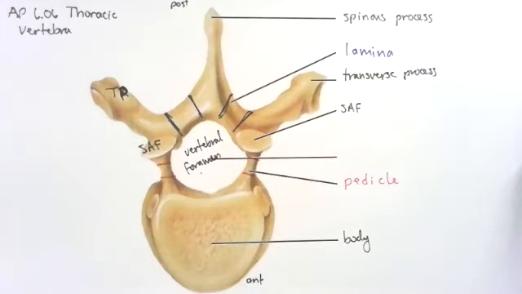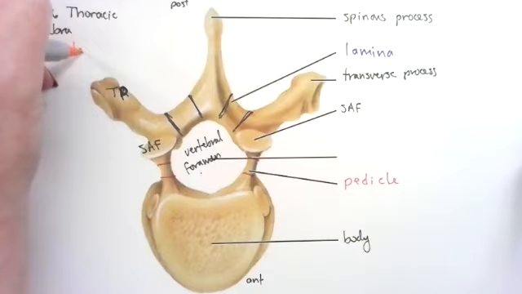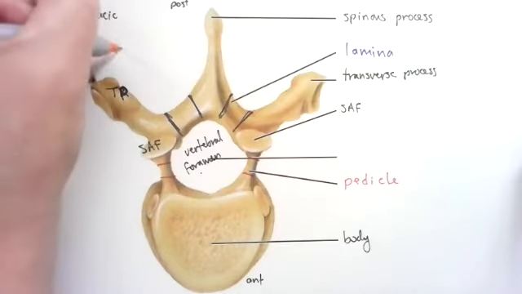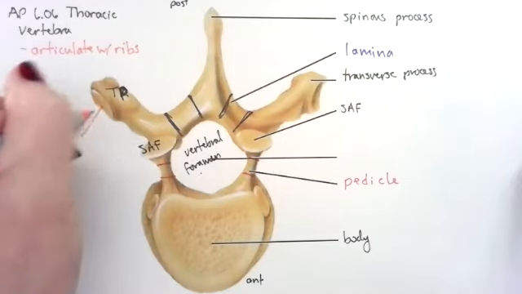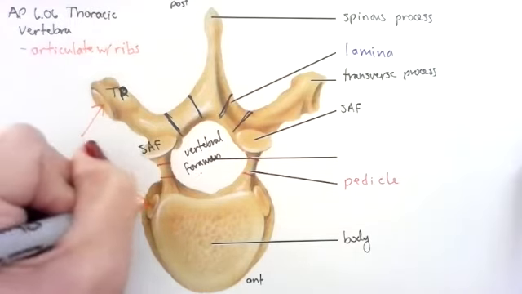So from this view, we can see one of the unique features of thoracic vertebra. So one of the jobs of the thoracic vertebra is to articulate with the ribs. So if we're going to articulate, we have to have a space to articulate, and that's what we see here and here.